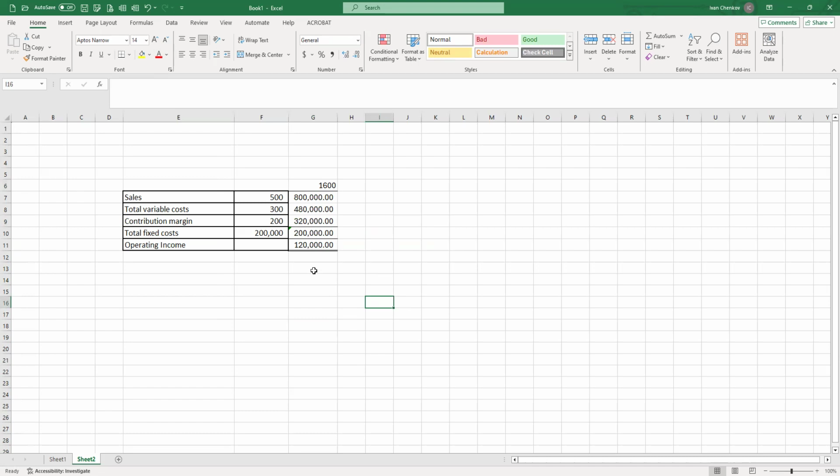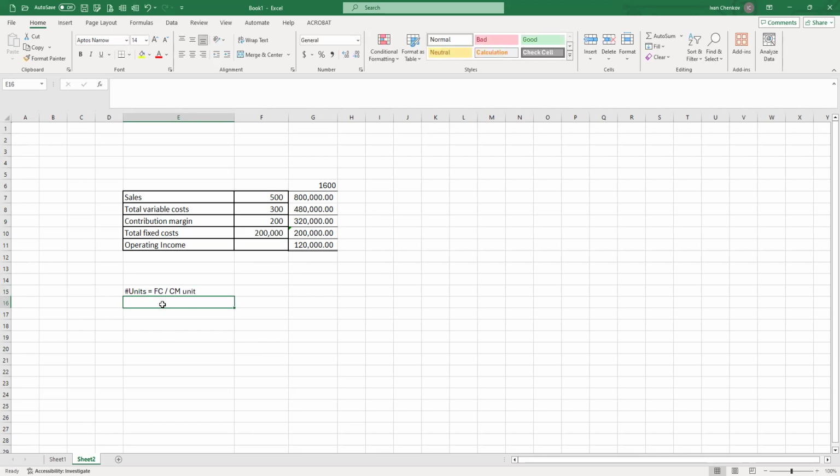Now the question is, where is our break-even in this case? Well, the break-even in number of units will be equal to our fixed cost divided by contribution margin per unit, if you remember.